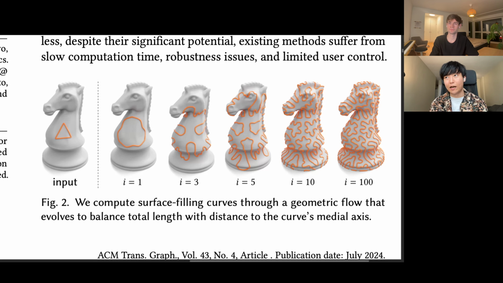Computing those dense matrices is really computationally expensive, but what's even more expensive is to invert that matrix and do a linear solve. That was pretty problematic in their approach.